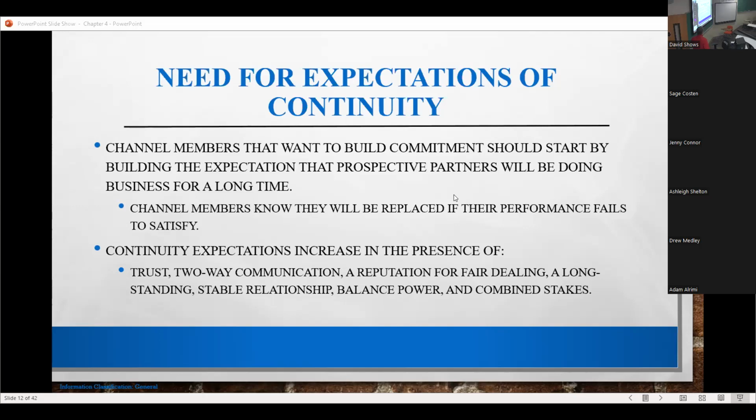Channel members know they'll be replaced if their performance fails to satisfy, but knowing whether or not you are failing comes down to the concept of two-way communication. There needs to be some kind of communication between the partners involved. There needs to be some reputation for dealing fairly with each other as well.